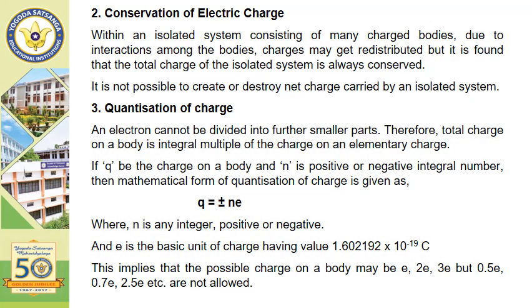Now, moving towards the conservation of electric charges, it states that within an isolated system, that means a system which cannot gain any charge or cannot lose any charge, consisting of many charged bodies, due to interaction among the bodies, charges may get redistributed, but it is found that the total charge of the isolated system is always conserved.